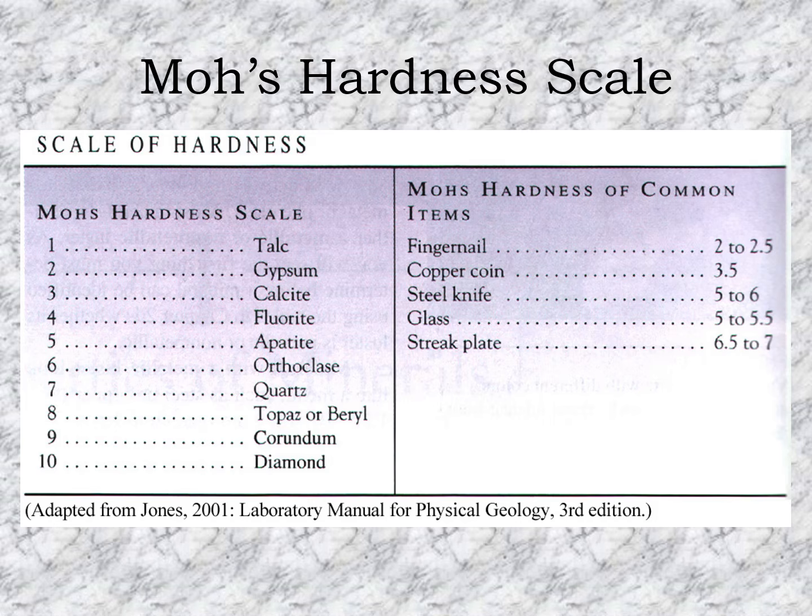Second, a copper coin has an equivalent of 3.5. Third is a steel knife, which is equivalent to apatite and orthoclase. We also have glass with a 5 to 5.5 scale. And last, the streak plate has a 6.5 to 7 scale of hardness.